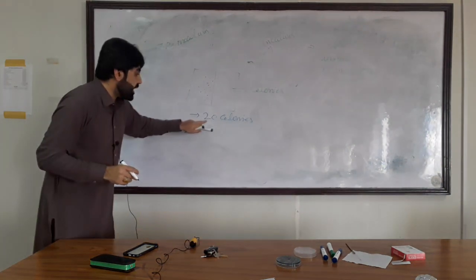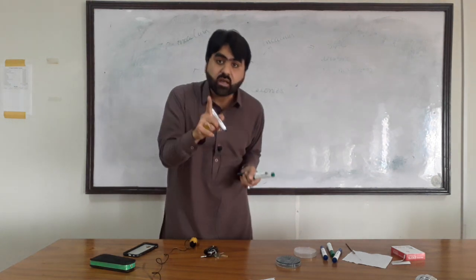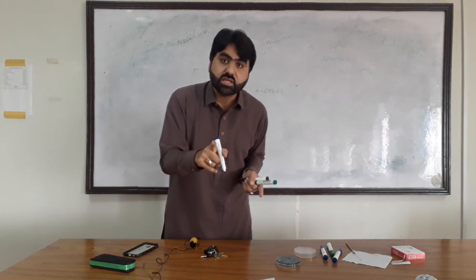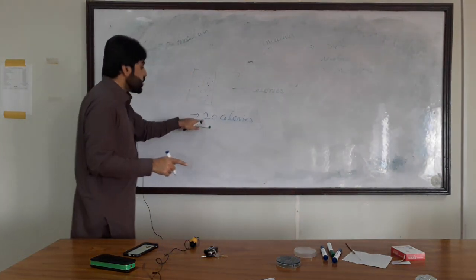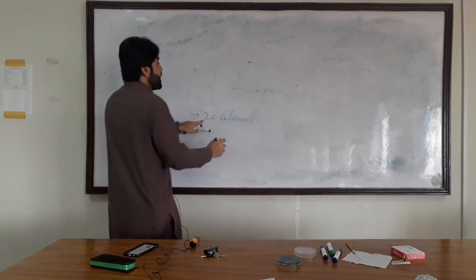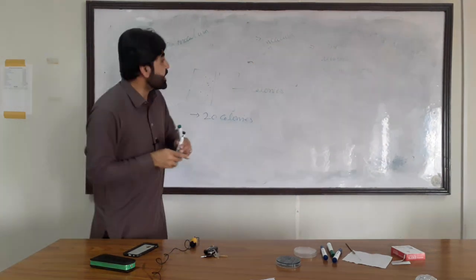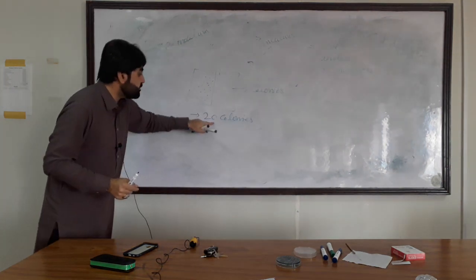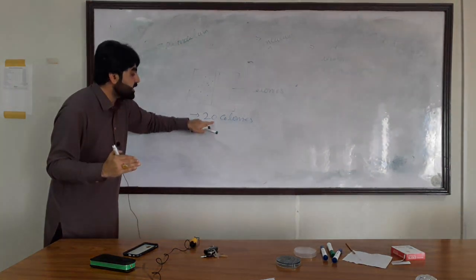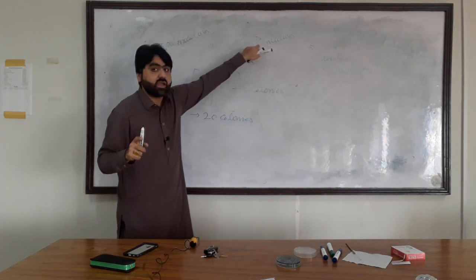It means that one colony, because we assume that one colony always originates from a single bacterial cell. So, if there are 20 colonies, it means that there were a total of 20 viable bacteria present in that inoculum.